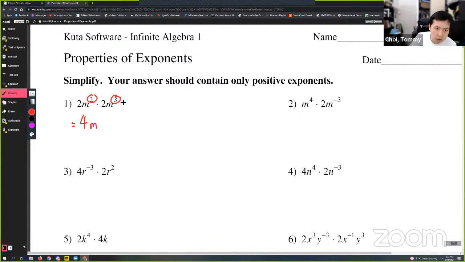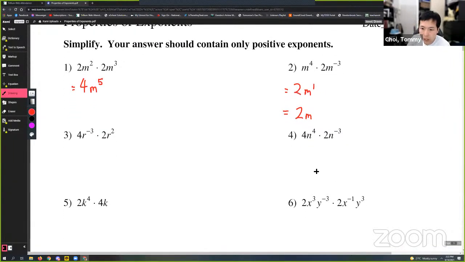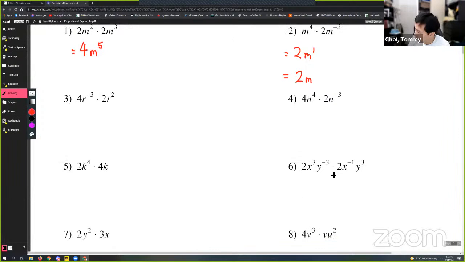And it's multiplying, so the exponents add. 2 plus 3 is 5. Same thing happens to the next one. 1 times 2 is 2. We copy the m. 4 plus negative 3 is 1, so we don't really write the 1, we just write 2m. That's all there is to adding and subtracting exponents through exponent laws. If we look at question number 6, numbers with numbers first. 2 times 2 is 4.